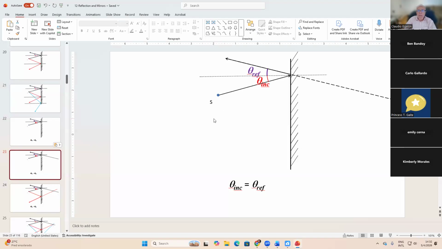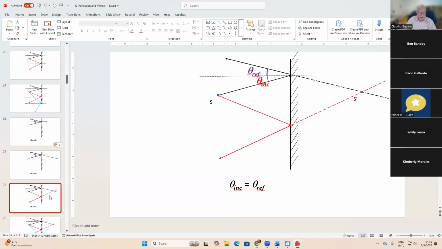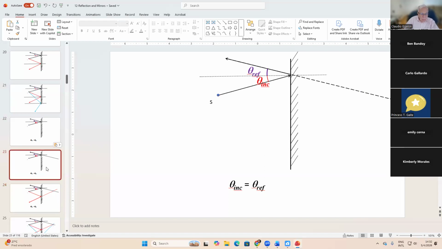we have to have a second light ray being incident in the mirror. And here you go. Here's the second light ray incident in the mirror. I'm gonna play the movie, right? Here you go.